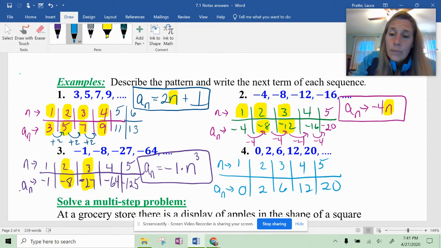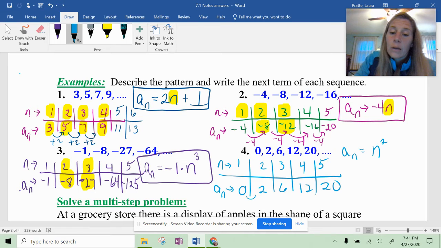So again, at this point, if you notice that the number is going up by 2, then up by 4, then up by 6, up by 8, then you're probably going to have something being squared. And again, you might want to look at those n values and see how can I get to those outputs. So let's start out with just squaring.